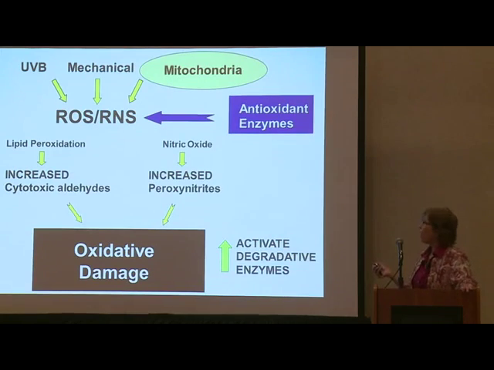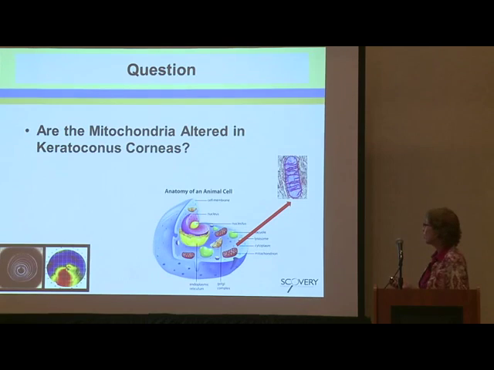Now, I also had mentioned that the mitochondria generate some of the ROS. So what are mitochondria? Now we're going back to high school biology, okay? So here's a cell. Here we have the nucleus of the cell, and what mitochondria do is they provide energy for the cell. They're like the batteries for the cell.